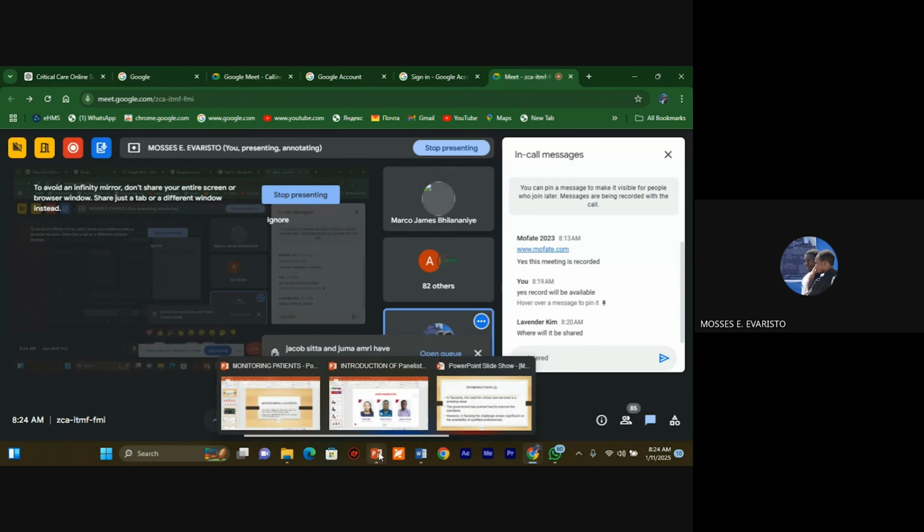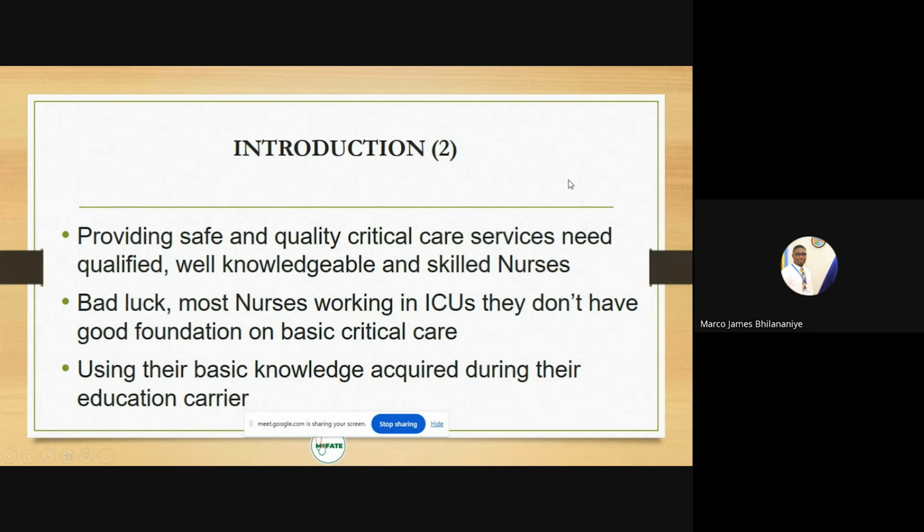Providing safe and quality critical care services needs qualified, knowledgeable and skilled nurses. We all know that we are qualified, knowledgeable and skilled nurses. But in a specialty, especially a special unit like critical care, more knowledge and more skills are needed. Unfortunately, most nurses working in ICU don't have a good foundation in basic critical care.